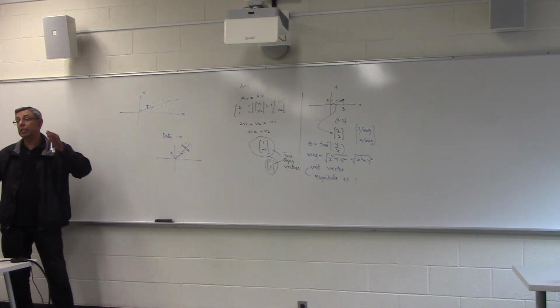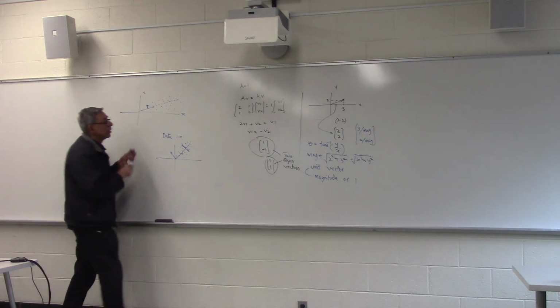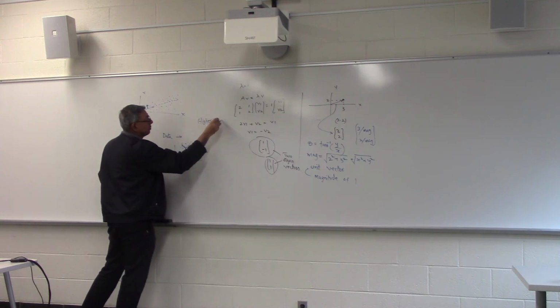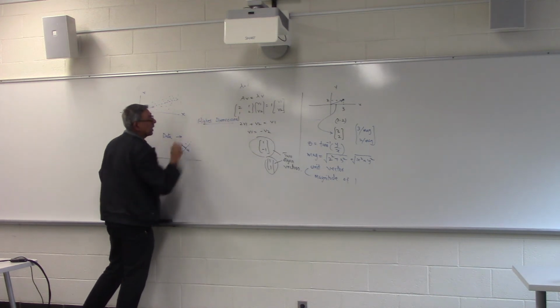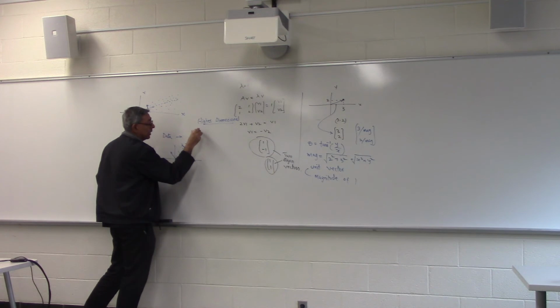In a three-dimensional space or higher dimensional space, let's say we have a higher dimensional space, for example, 10 dimensions, even though I cannot draw 10 dimensions, right? Suppose we have 10 eigenvalues.